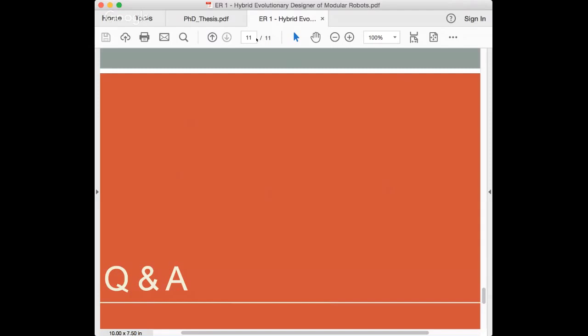We tried here to use a combination of genetic programming and genetic algorithm in order to produce something that is different from what has been done in the research. And the results are encouraging so far.